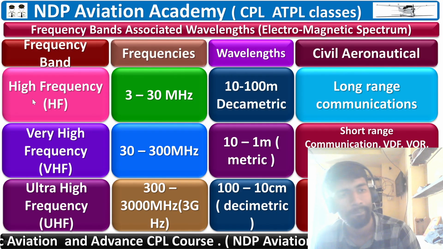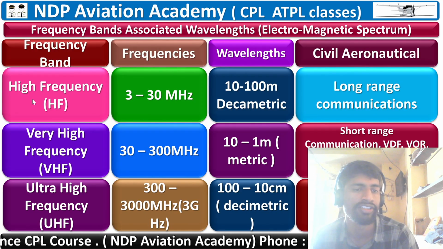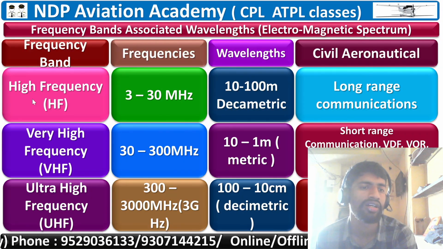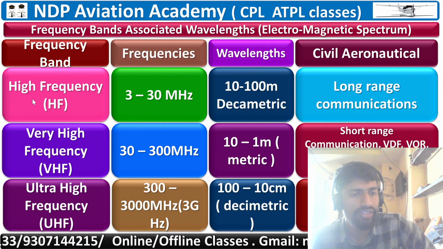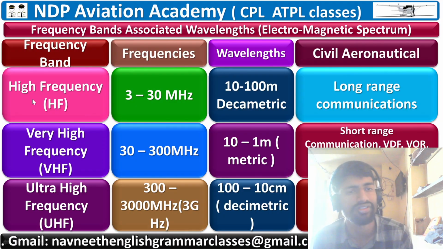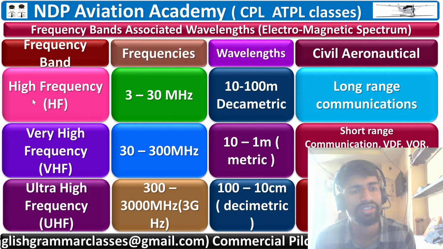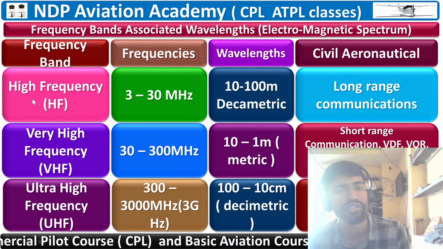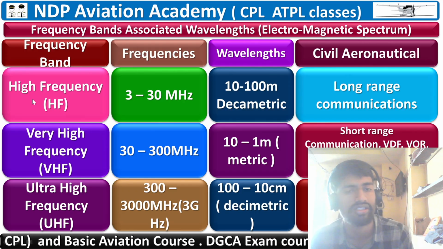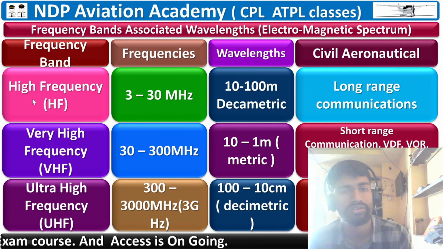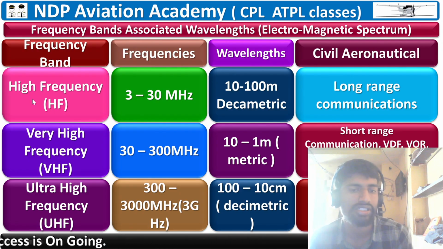Then next, ultra high frequency, you can say in short UHF. It starts from 300 to 3000 megahertz, that's called 3 gigahertz.